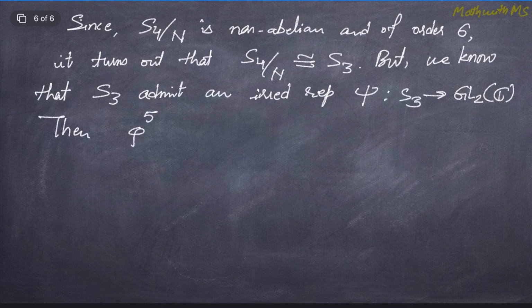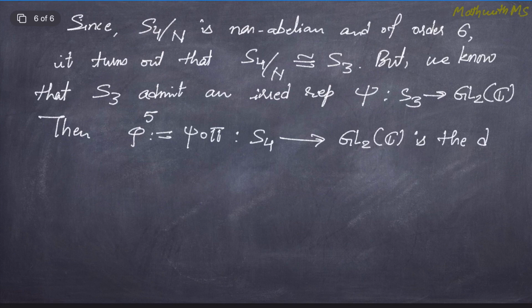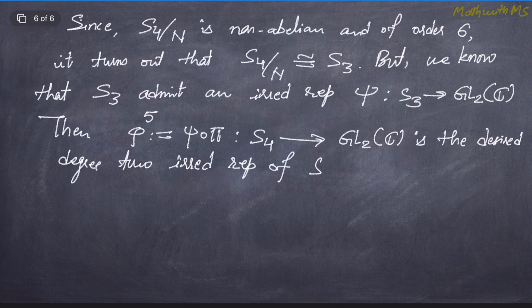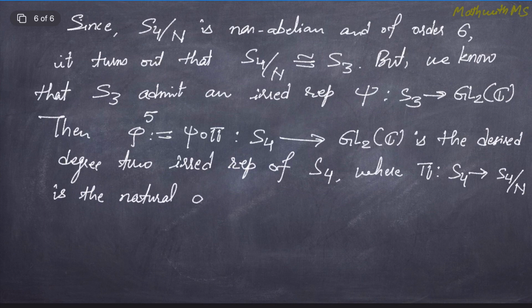Then phi, which we define as psi composed with pi from S4 to GL 2 C, is the desired degree 2 irreducible representation of S4, where pi is the natural quotient map from S4 to S4 mod N. Here I am using an exercise that if you have a surjective homomorphism of groups, so pi here is surjective, and an irreducible representation of the quotient, so psi is an irreducible representation of the quotient, then the composite gives you an irreducible representation of the group.